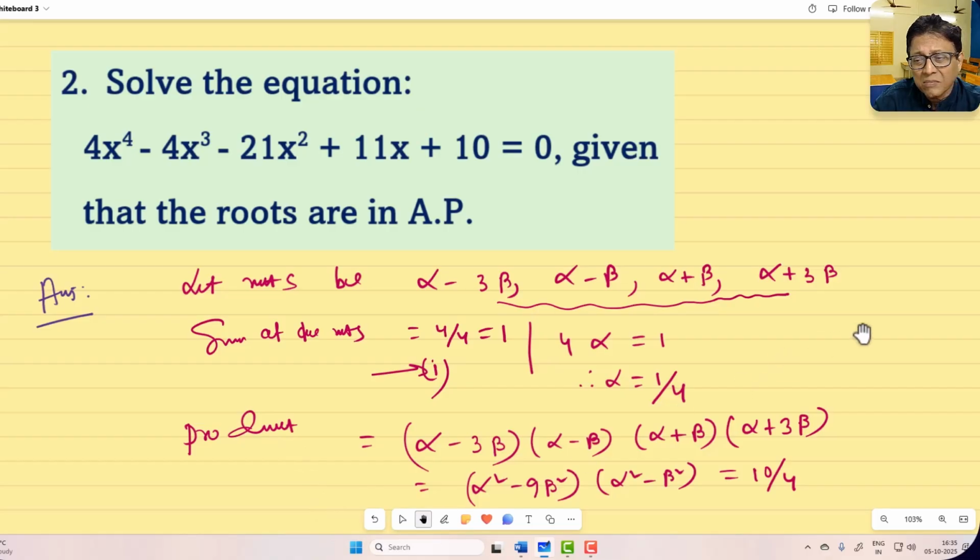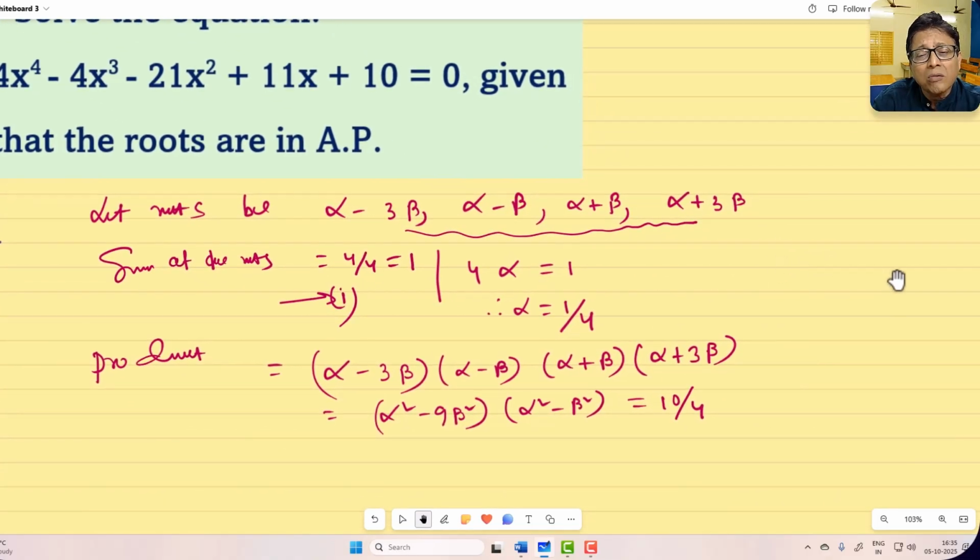Okay. So now by putting alpha equal to 1 by 4, we have to solve this equation. Product 10 by 4, 5 by 2, whatever. Put alpha 1 by 4 over there.